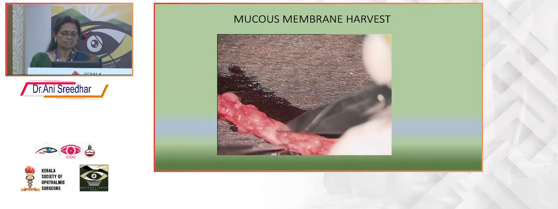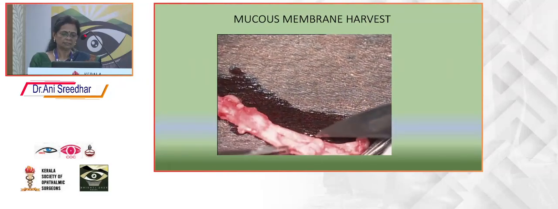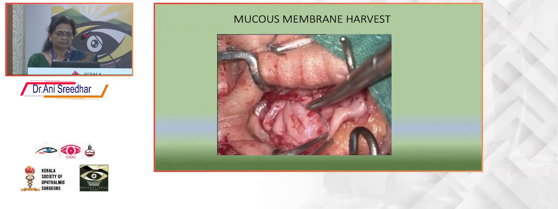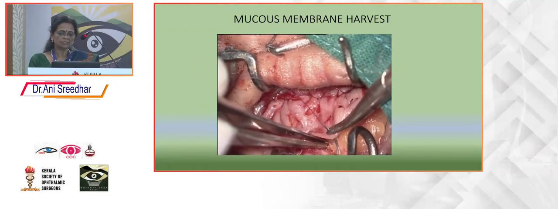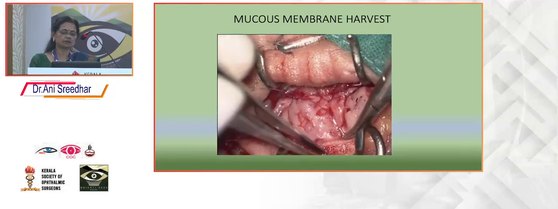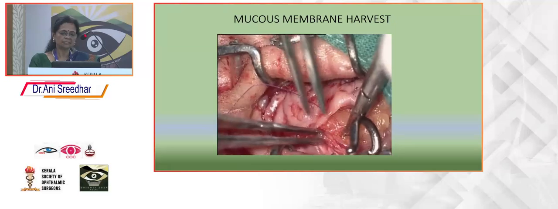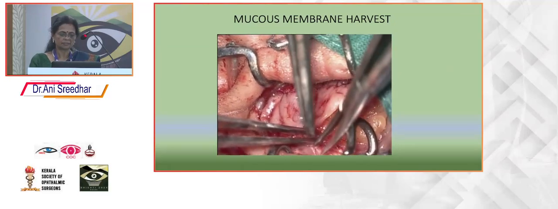Then make holes in the graft so that you can pull it and increase the size of the graft. You need not suture it to the edge of the conjunctiva. Sometimes you cannot get the edge of the conjunctiva, so you can just suture it to the bed. You can see how much you can increase the size of the graft.